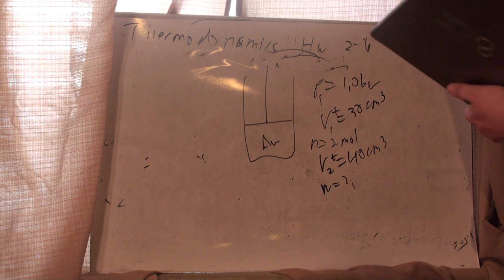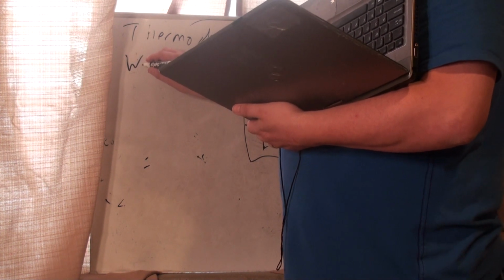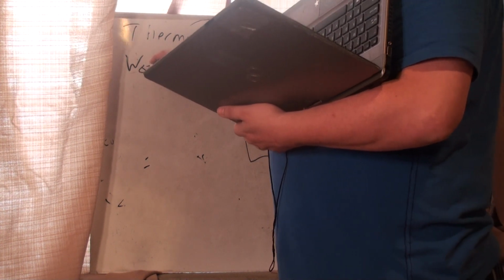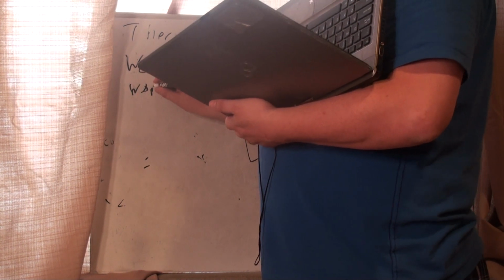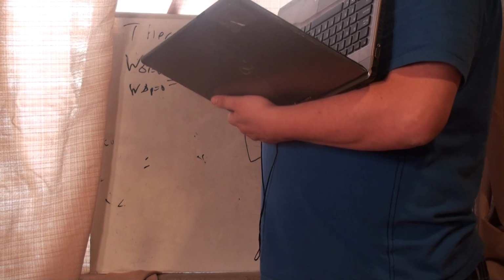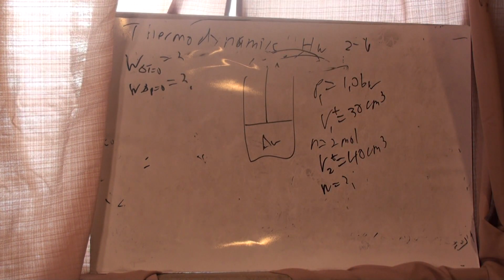But I have 2 processes. I either have isothermal work, where delta T is equal to 0, and also isobaric, where delta P is equal to 0. How much work is done if I decrease the volume?